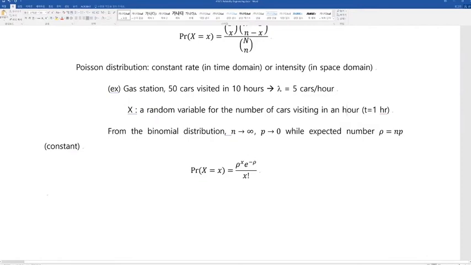If we are interested in the number of cars in 2 hours, then of course in that case the expected number will be 10 cars for the 2 hours. So in that case, rho would be 2. Not 2. Rho would be 10.